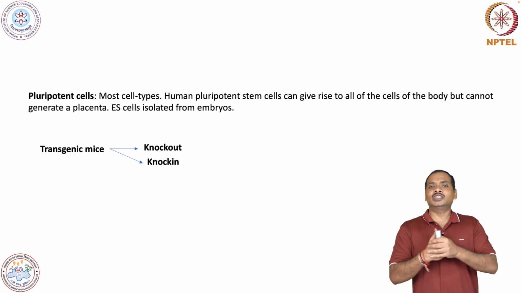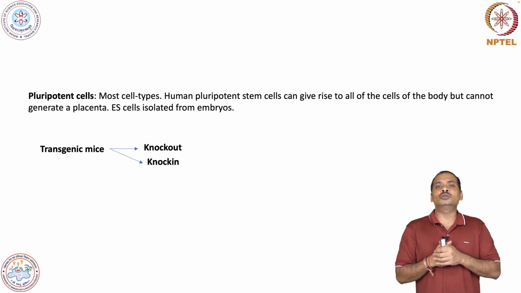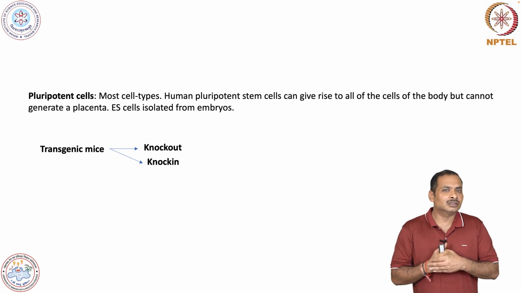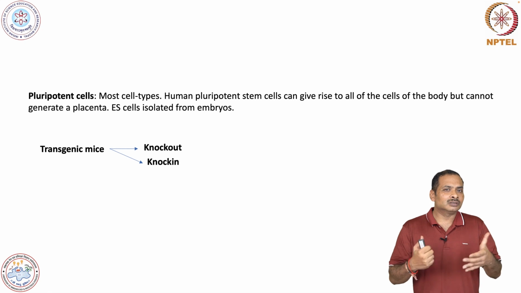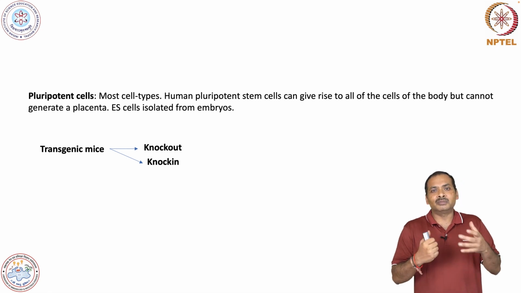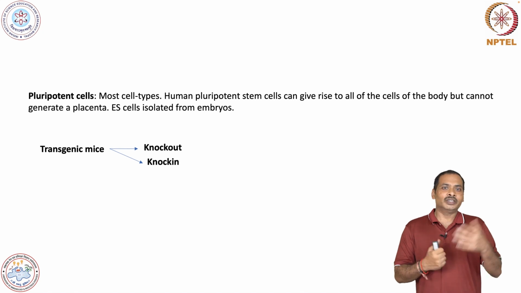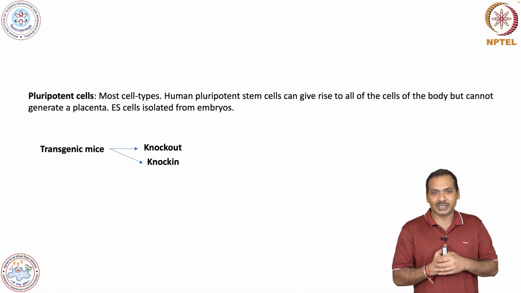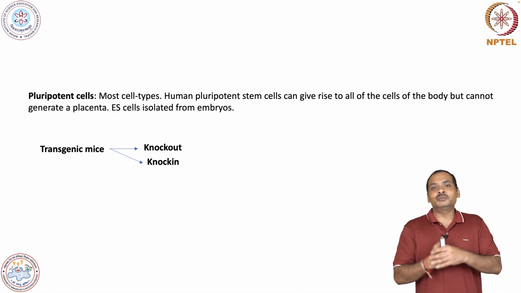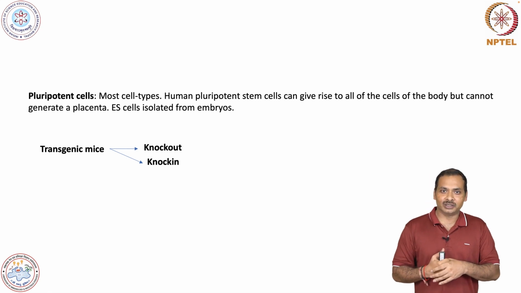For example, you might have seen in videos or research papers some mice which give a fluorescent green color when you irradiate them with blue light. Those are basically GFP knock-in mice.